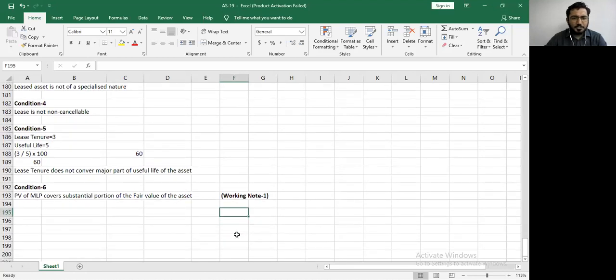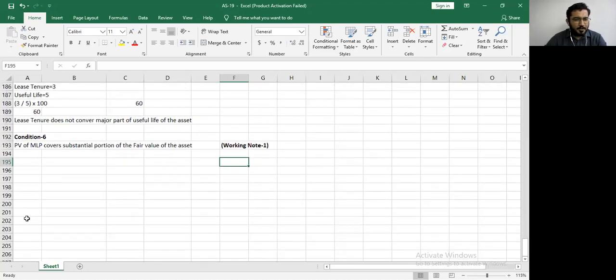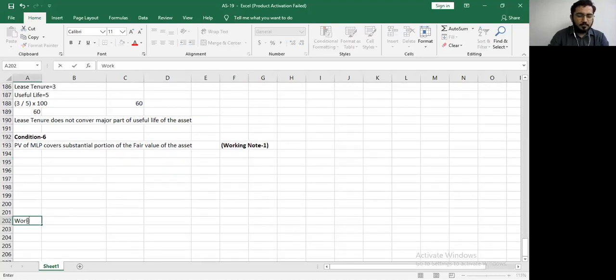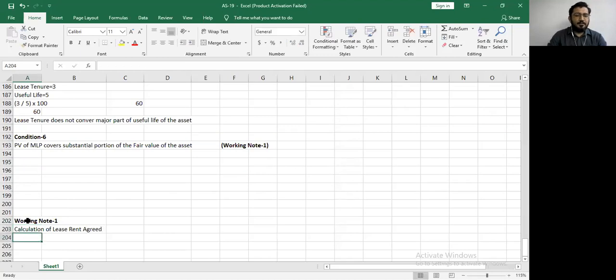Okay, everyone's attention over here. Let me prepare working note 1. Calculation of lease rent agreed. Okay, let's prepare the format.